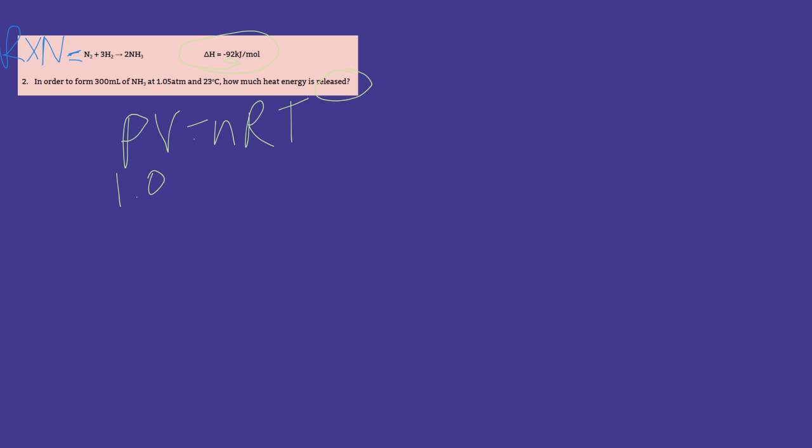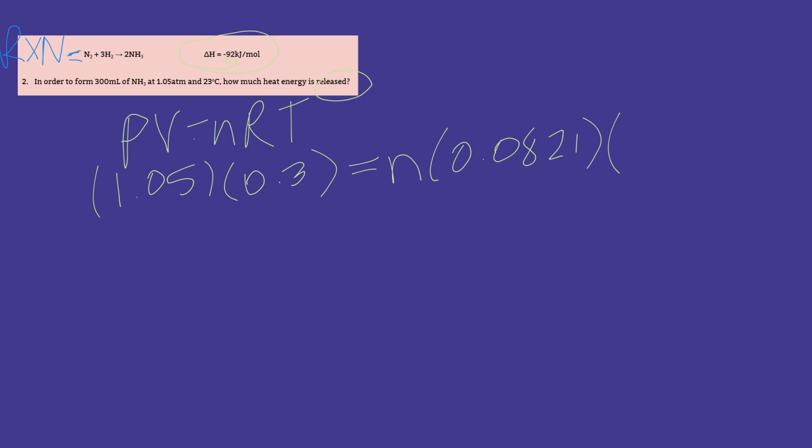So we have 1.5 for pressure. Volume is 0.3 because we have to convert it into liters. N is what we're solving for. R is 0.0821. Temperature is 23 plus 273, which is 296.